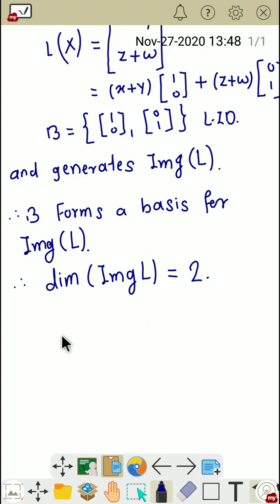Okay, so in this way we have shown that the dimension of the image set of L is equal to 2.